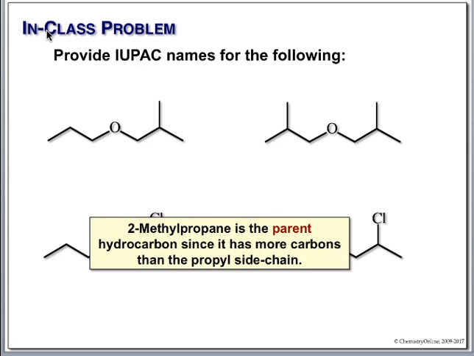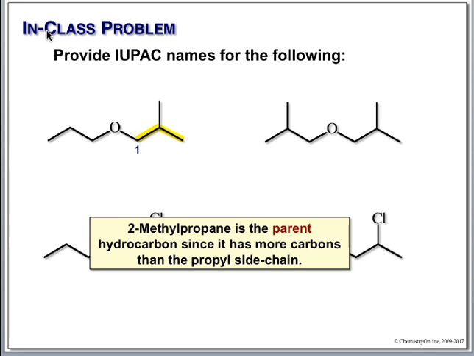So our main chain here is going to be this guy. It's a propane, and it's got a methyl group right here, so it's a 2-methyl propane as our parent.